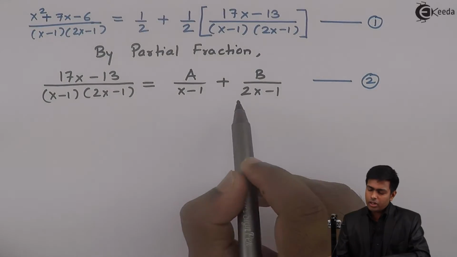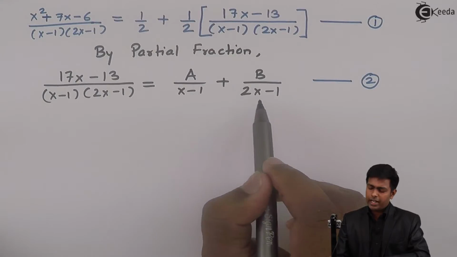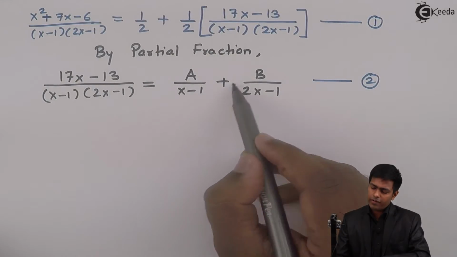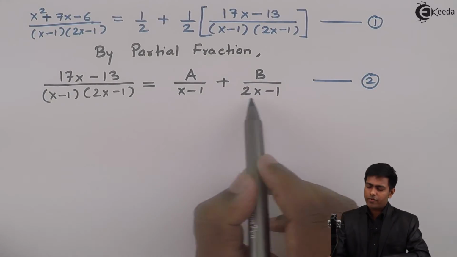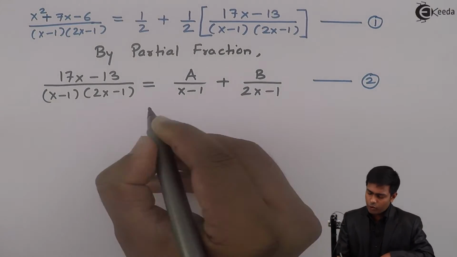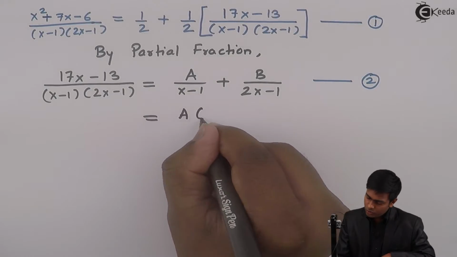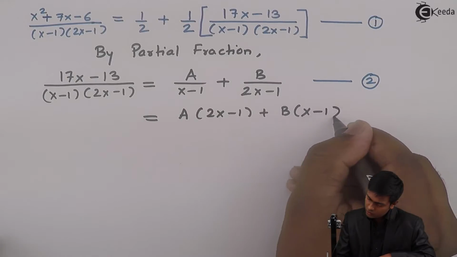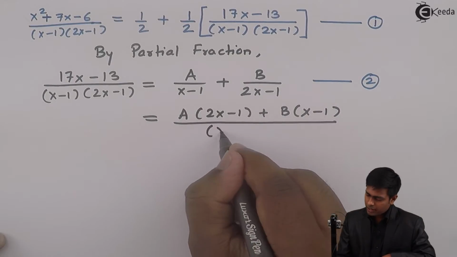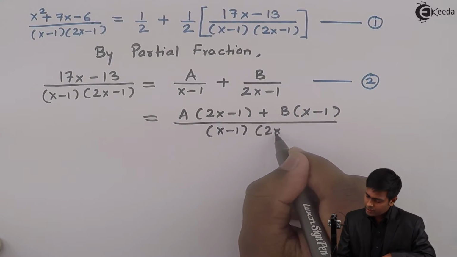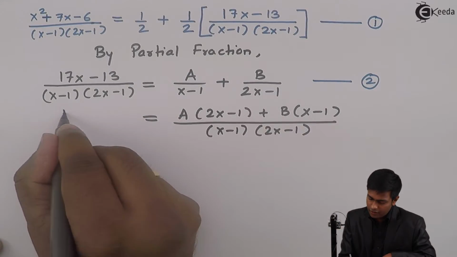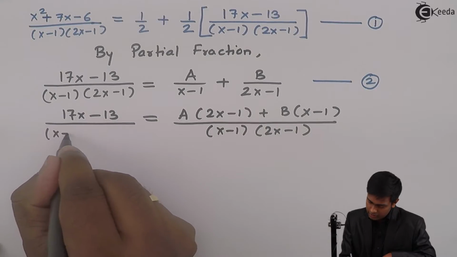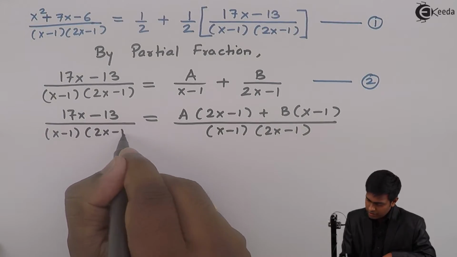So now on the right hand side we will perform the LCM. So we will multiply a with 2x minus 1, b with x minus 1 and x minus 1 with 2x minus 1. So therefore we will get a into 2x minus 1 plus b into x minus 1 upon x minus 1 into 2x minus 1, and here we have 17x minus 13 upon x minus 1, 2x minus 1.